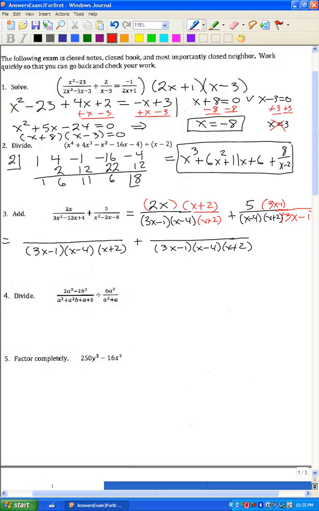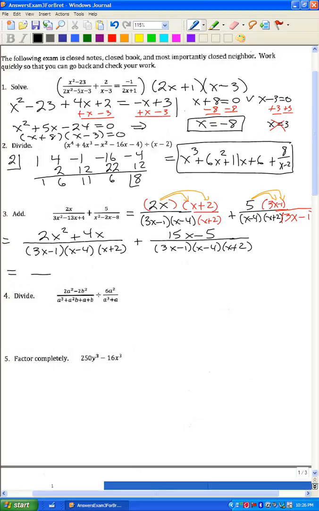Okay, so I get, well, let's multiply the 2x inside the parentheses, the 5 inside the parentheses. And so I get 2x squared plus 4x, and then 15x minus 5.